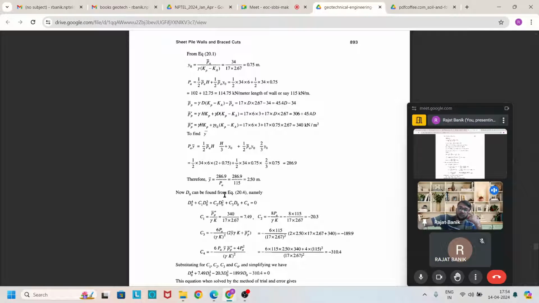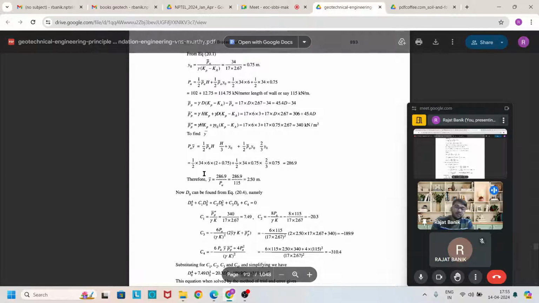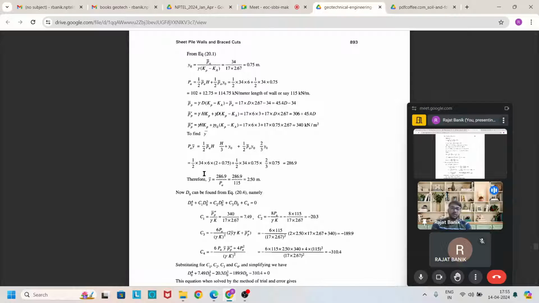For this we use Pa y bar is equal to half of, that means we are equating the moment on both sides, that is half of Pa bar h by 3 plus y naught, in bracket, plus half of Pa bar y naught in bracket, two-thirds of y naught.